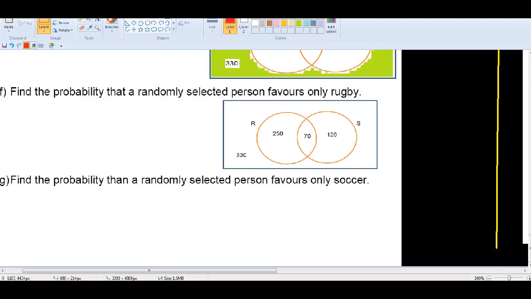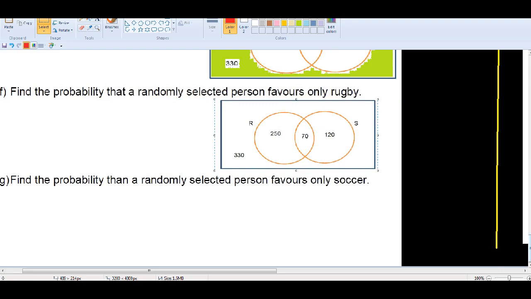Let's move our Venn diagram over here. Okay, so let's see. Favors only rugby, that means not soccer. So which part? Is it this part?